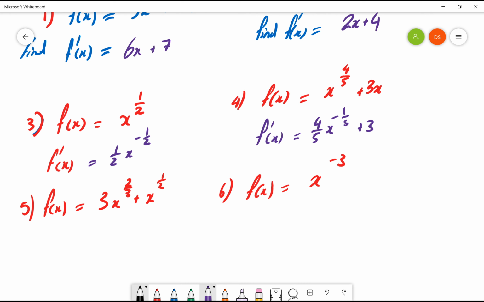So team, what about these ones? So these powers might have fractions in them, but that shouldn't change how we go about it. So f dash of x, 2/3 times 3, that's just 2. And then 2/3 take away 1 is negative 1/3. Similarly, you multiply by half, and you take 1 off half, so negative half.